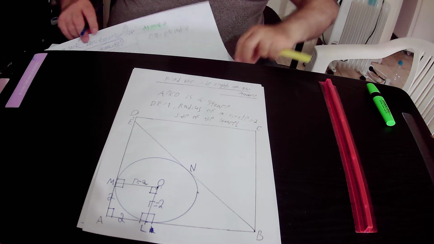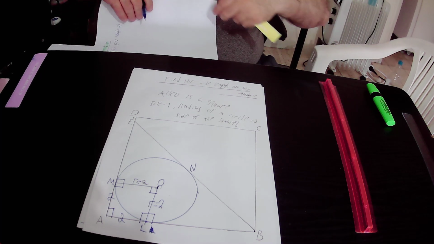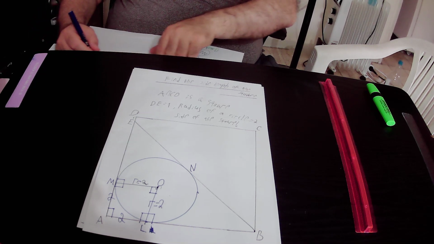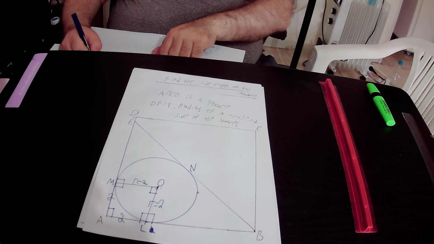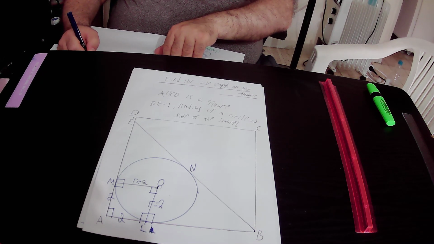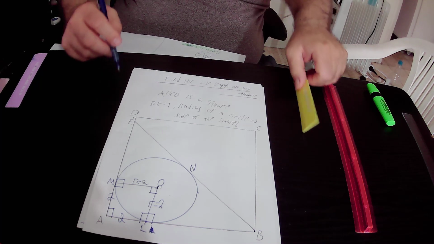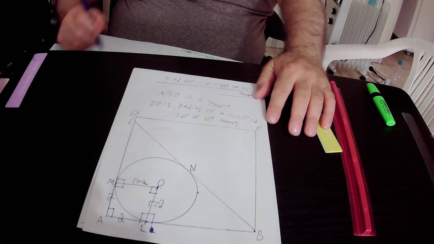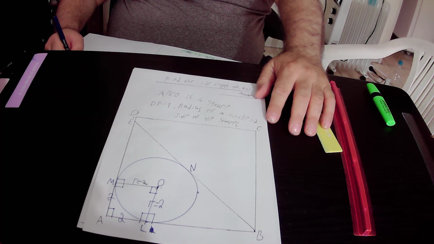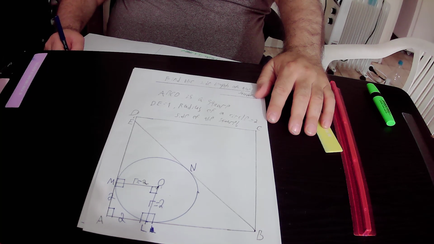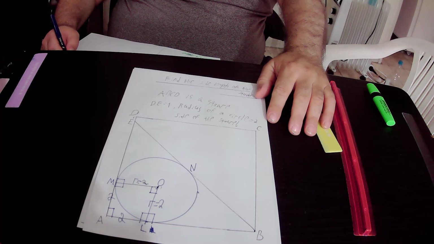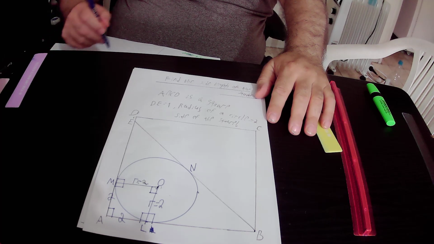So what is the length of line segment EM, or tangent EM? EM equals DA minus DE minus MA.